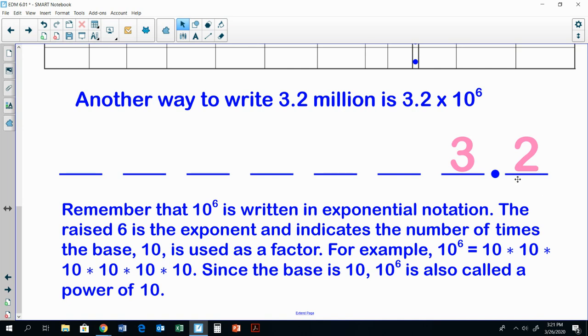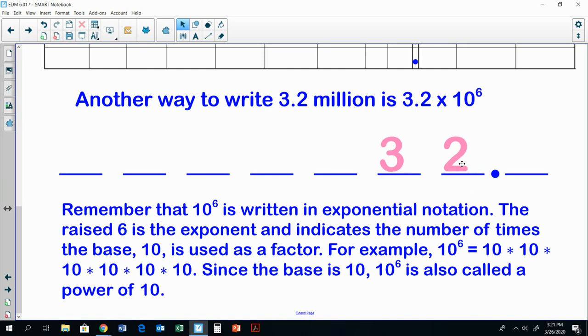So if you look here, we have 3 2/10. If I were to multiply that by 10 one time, each digit would have 10 times the value it currently has. So if I multiply by 10 one time, here you can see our original 3 2/10. The 3 that was in the ones place now is in the tens place, and the 2 that was in the tenths place is in the ones place.